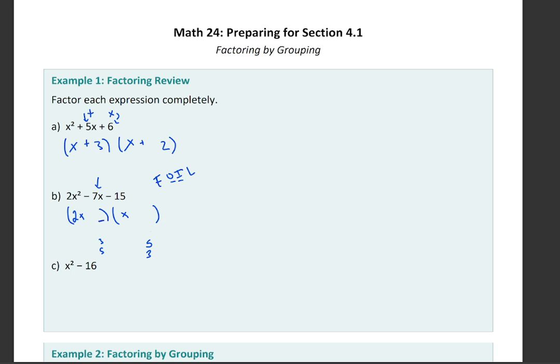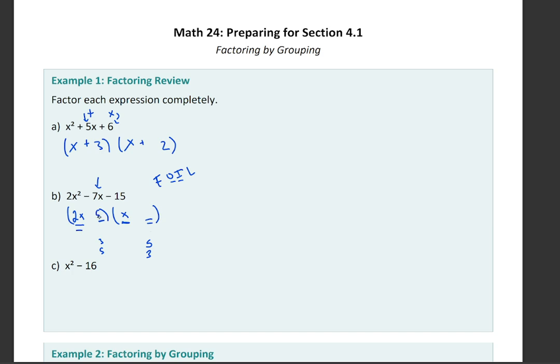So essentially, these inner numbers get multiplied together, and these outer numbers get multiplied together. So if my inner number is a 3, then I have a 3 times x. And if my outer numbers are a 2 and a 5, I'm looking at a 10x. So I think to myself, can I combine the 3x and the 10x to make a 7x? I think so. But let's see what happens if we had it the other way around.